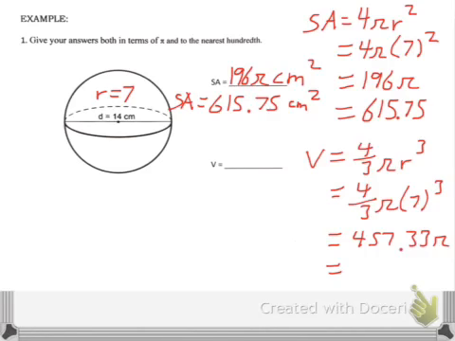And then if we do put it in the calculator, we would get 1,436.76. All right, let me put those in my answer blank here. Remember, those are centimeters cubed when we're talking about volume.